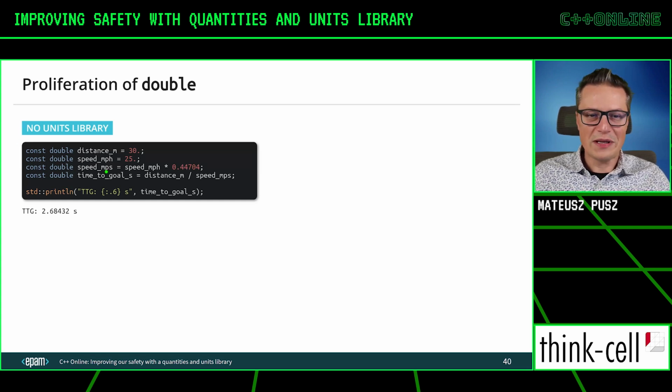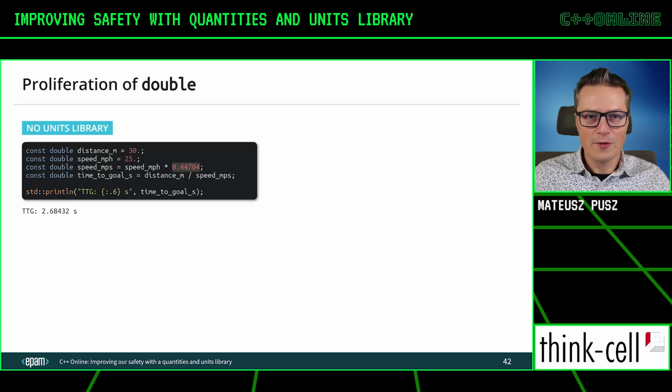Also, as you've seen already, I made a mistake. I said this is miles per hour, but it's meters per second, right? Because this is just an abbreviation, and M and M is the same here. So someone may also be confused about what it means. But it works. It works if it's tested correctly. It works and provides decent performance.